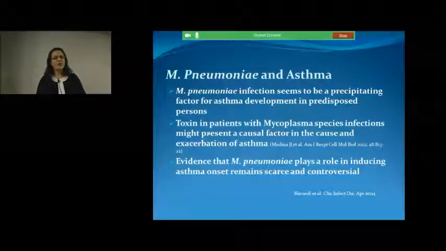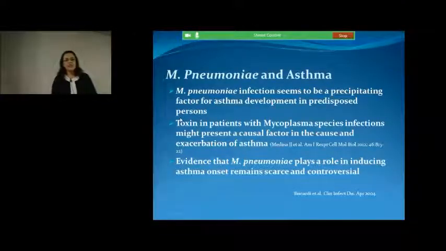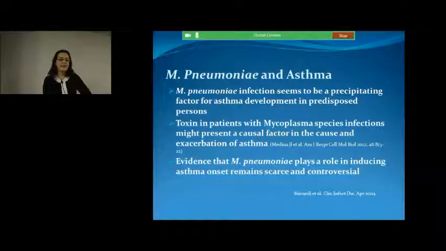Some studies show that Mycoplasma toxins in patients with the infection might present a causal factor in the cause and exacerbation of asthma, among those toxins the cardiotoxin. However, the evidence that Mycoplasma pneumonia plays a role in inducing asthma onset remains scarce and controversial at this time.